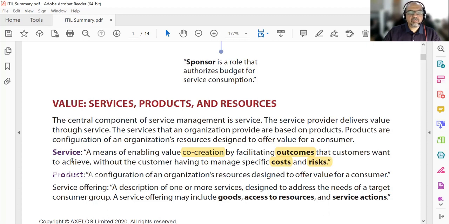So we are getting the service from a product, which is the configuration of an organization's resources designed to offer value for a consumer. So product could be mobile phone, could be car, could be mobile app, website. So it could be tangible or intangible. This is the product.